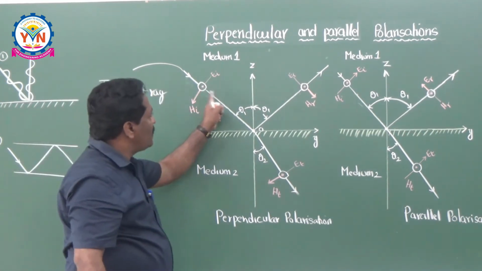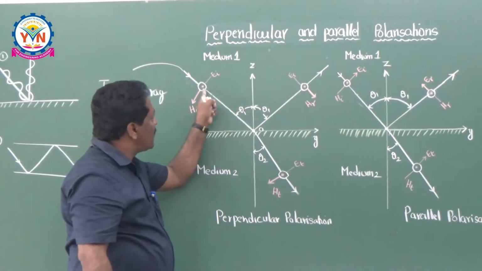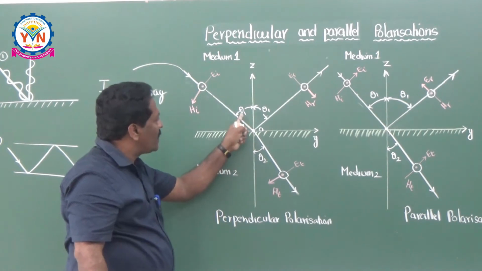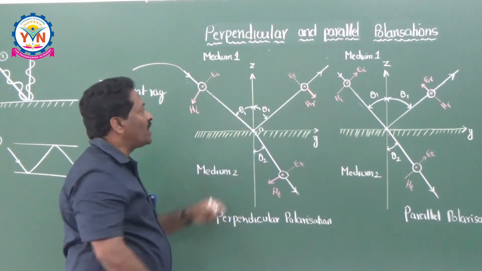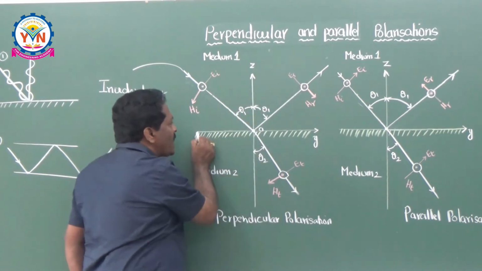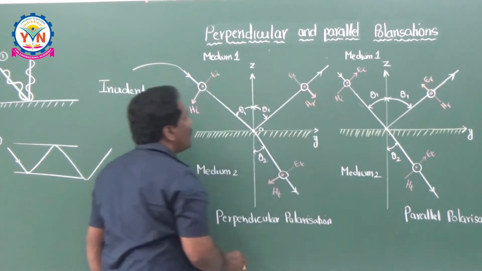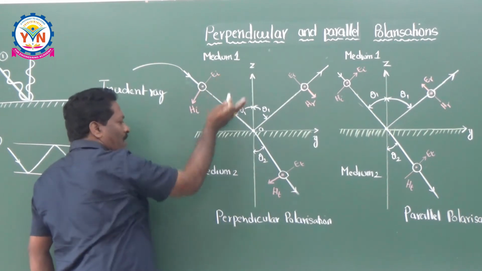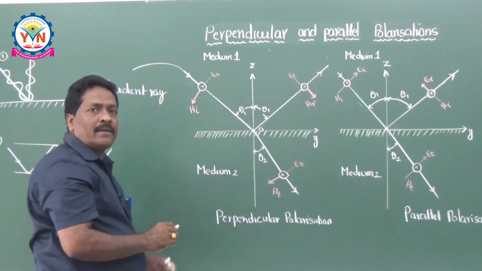With respect to the z-axis, it is hitting at an angle theta 1. So theta 1 is the angle made with this z-axis, and the y-axis is nothing but your boundary. This is medium 1 and this is medium 2.